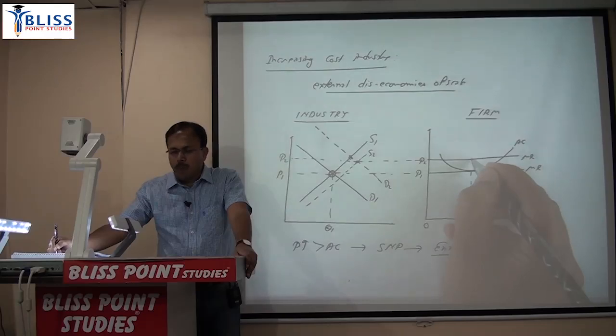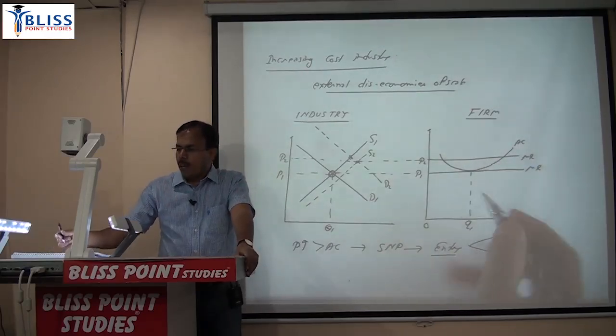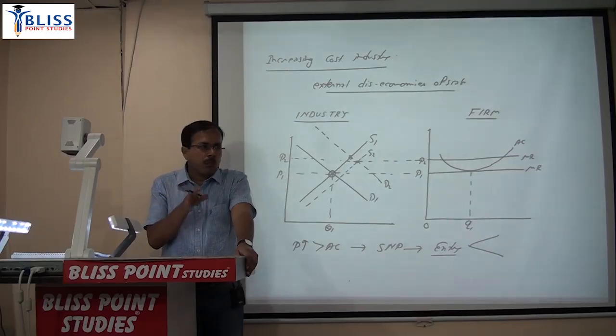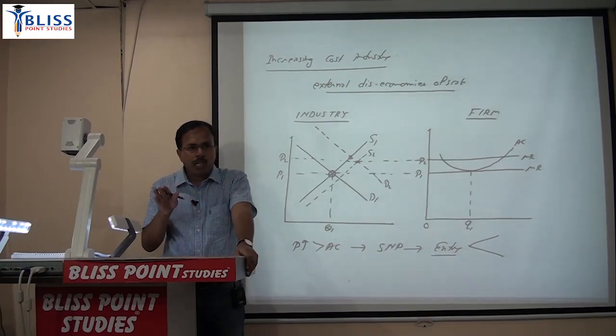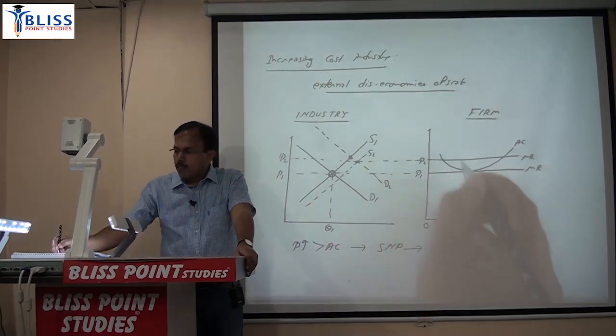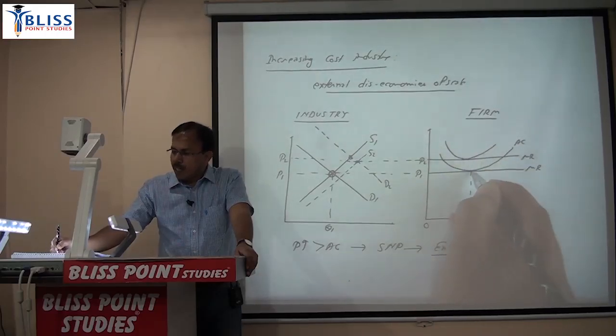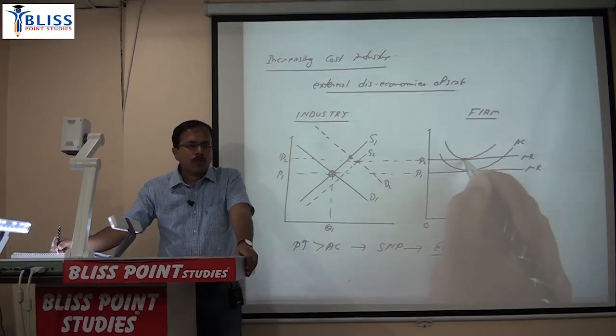In that case the minimum point will remain the same, but logically, as cost shifts up, firms will slightly reduce their production. So when it shifts up it will move left also, and when it shifts down it will move right. So I am shifting it slightly to the left. But it does not matter, there is normal profit at this point, and there is normal profit at this point also.